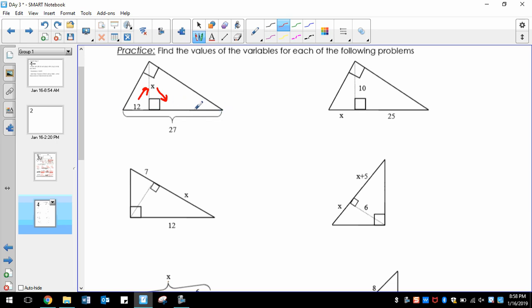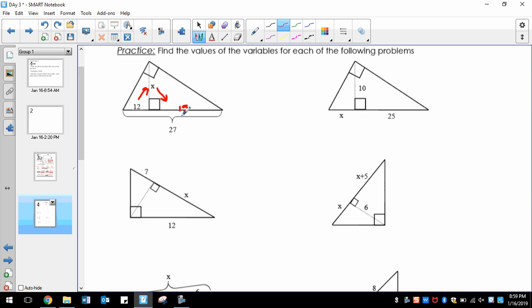So in order to find the other piece of information I need for the proportion, you're going to have to do 27 minus 12 to get the remainder of this little section right here. So when you do that, that's actually 15. So that's the number that you're going to be using for the proportion. So they will do that to you, where they don't directly give you all the information up front. So you have to make sure you're looking and being careful that you're using the correct information in your proportion.